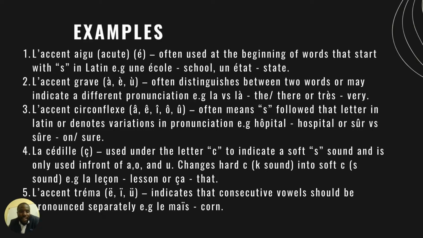It indicates that the consecutive vowels should be pronounced separately, meaning vowels that follow each other. Usually, sometimes the other vowel is not pronounced, but when they are consecutive and the other one has the l'accent tréma, it means they are pronounced separately. For example, if you say le maïs, the A and the I are pronounced differently. And le maïs translates to corn.